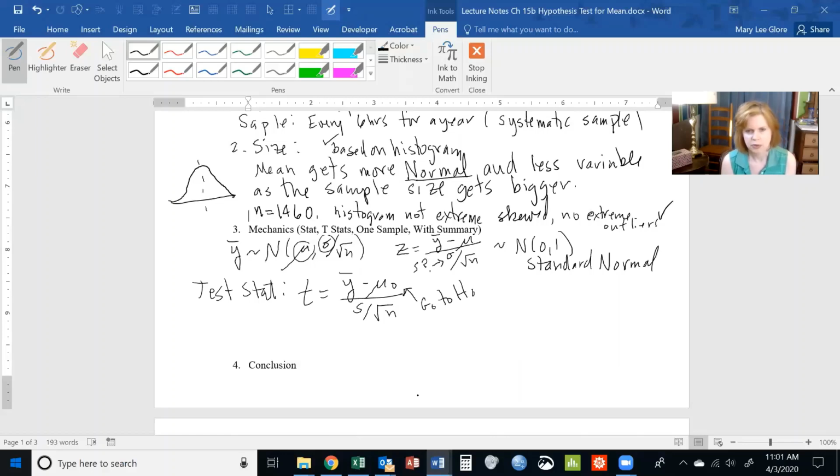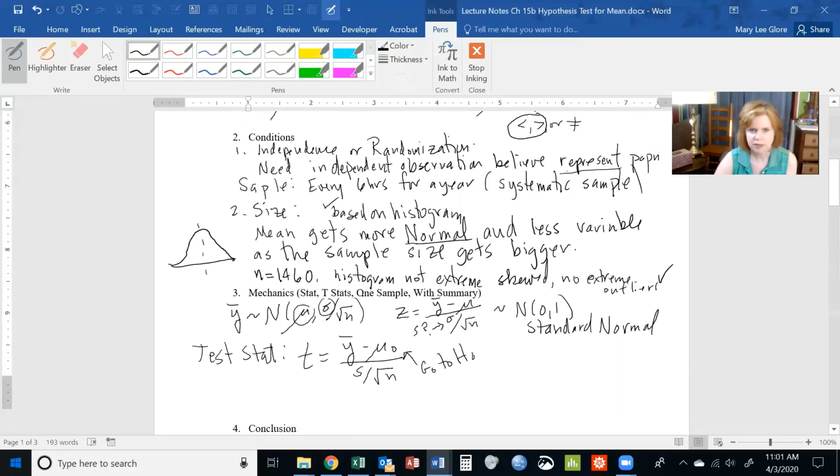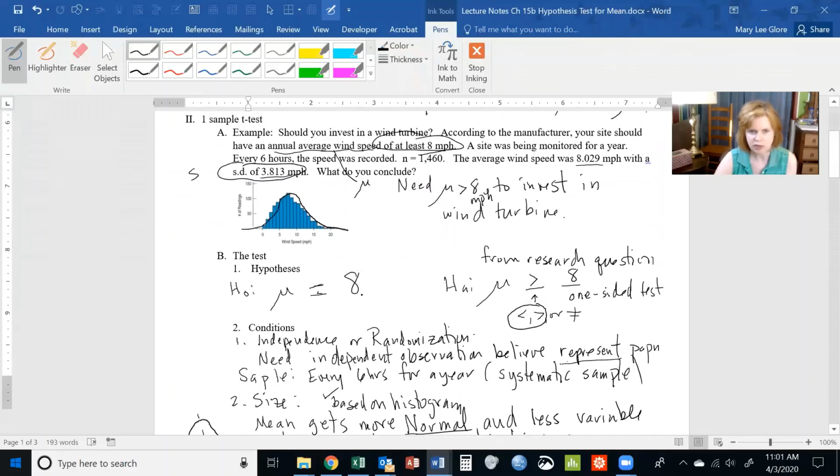And so when we get to our p-value, the question is: if the mean wind speed was 8 at this location, is it unusual to get a wind speed of 8.029, which is what I actually got? So here's my theory: mu equals 8.